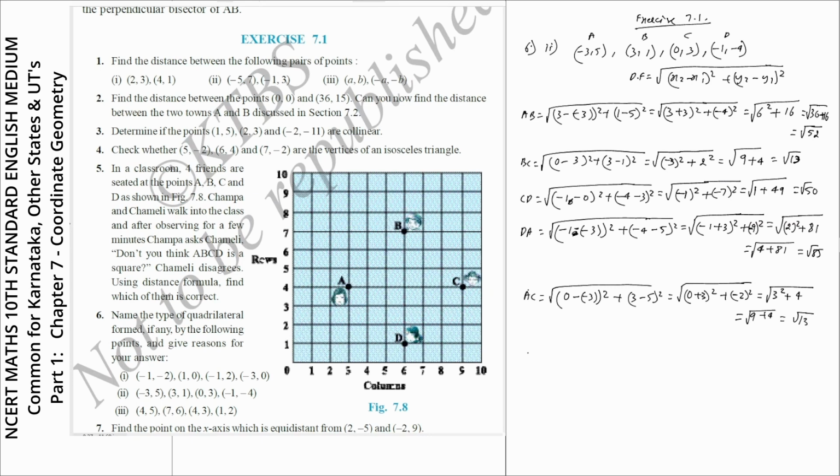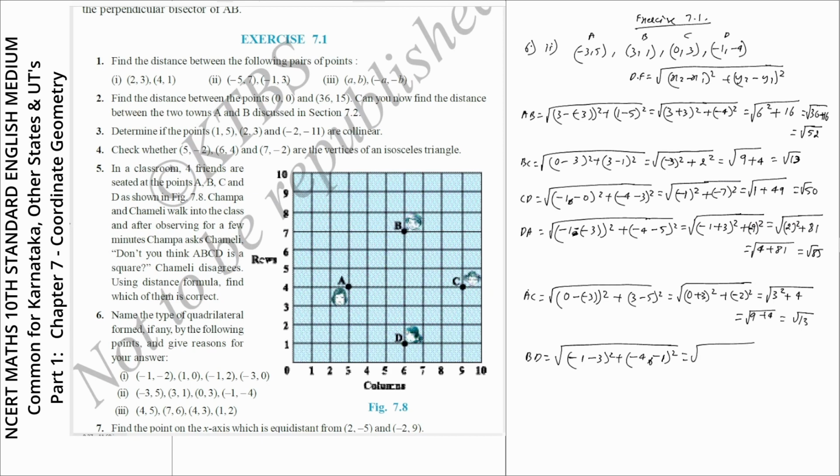And what is BD? BD is equal to square root of x2 minus x1 the whole square, that is minus 1 minus 3 the whole square, plus y2 minus y1, that is minus 4 minus 1 the whole square.